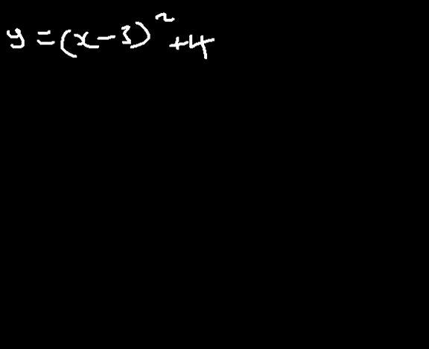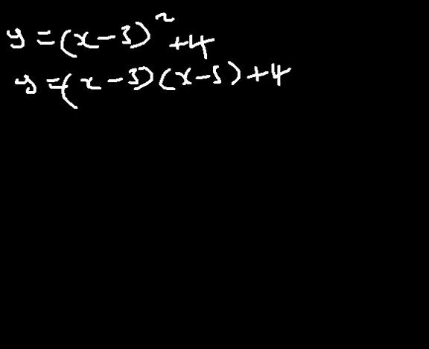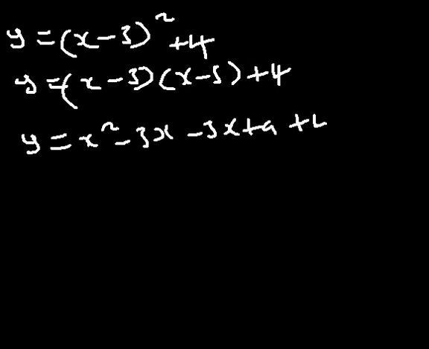First, you have to expand the expression. We have y is equal to x minus 3 times x minus 3 plus 4, of which y is x squared minus 3x minus 3x plus 9 plus 4, so y is equal to x squared minus 6x plus 13.